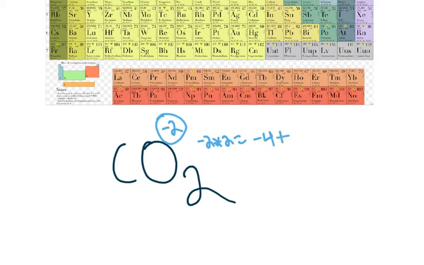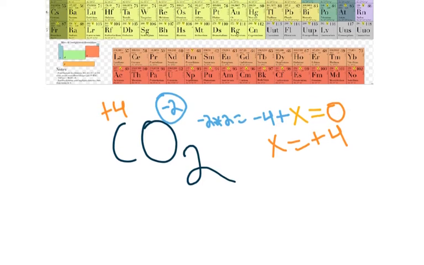Now we need to add the oxidation state of carbon. It's going to be some unknown oxidation state that we're trying to figure out, but we know that carbon dioxide as a whole is neutral. So we're going to have a total sum of our oxidation numbers as 0. If we just solve for x, we can see that x will equal +4. And so that's our oxidation number for carbon, +4.